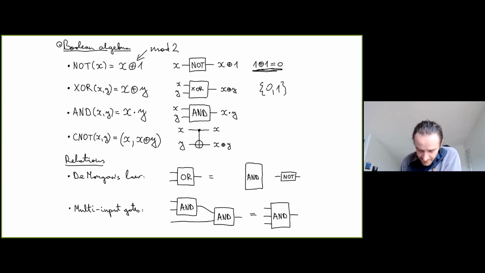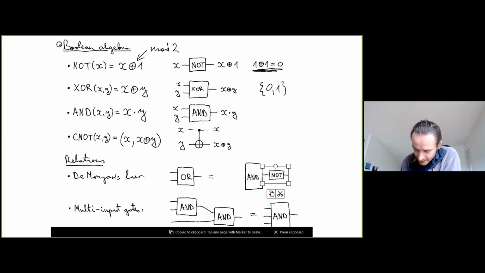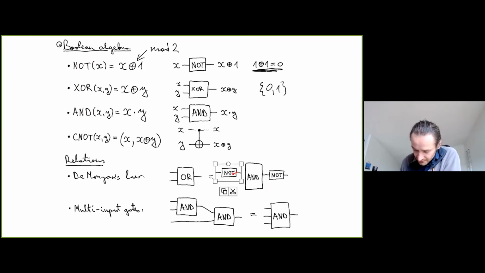All right, so now let's see some simple relations between these elementary gates. One thing you can ask is whether some of these gates are redundant. Maybe you can implement them using the other gates. You can always implement this OR gate using the AND gate by just negating the input and output.